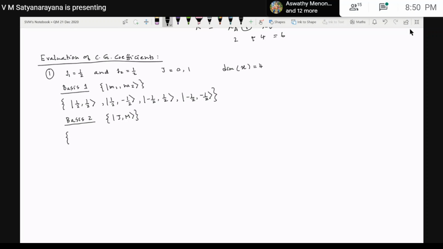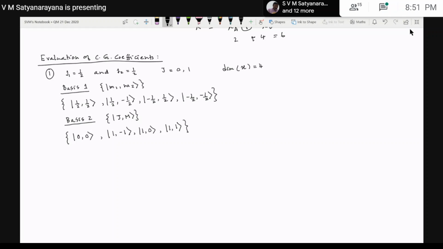Let me say that j can be 0, in which case m is also 0; j can be 1 and m can be minus 1; j can be 1, m can be 0; and j can be 1, m can be 1. So these are the four basis elements of the second type of basis.